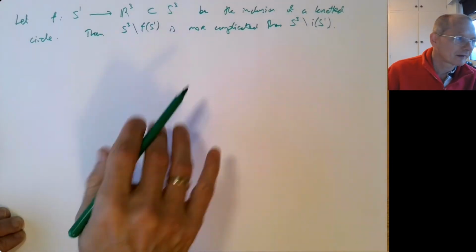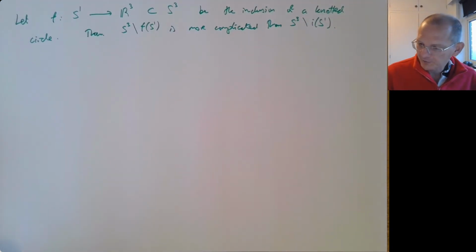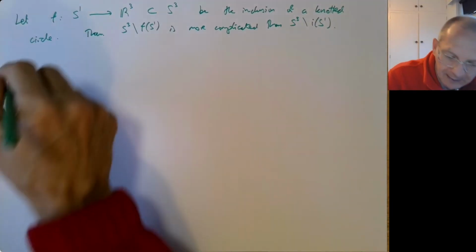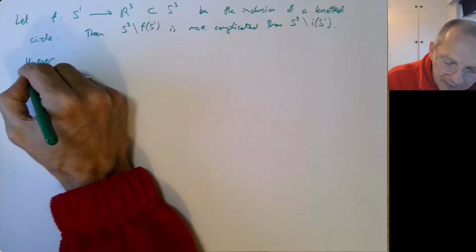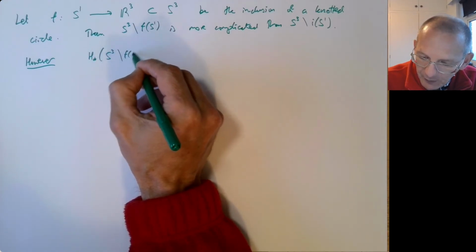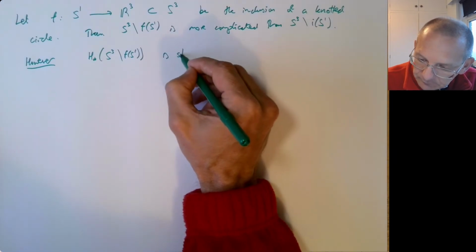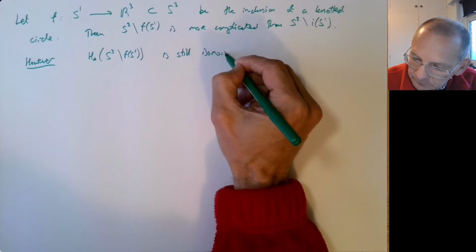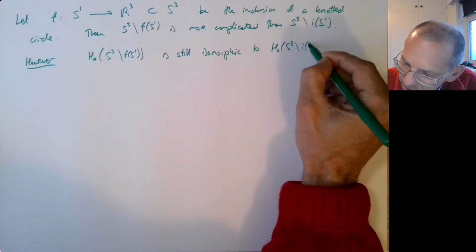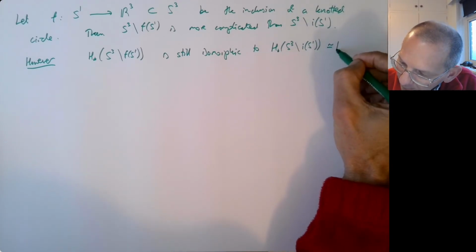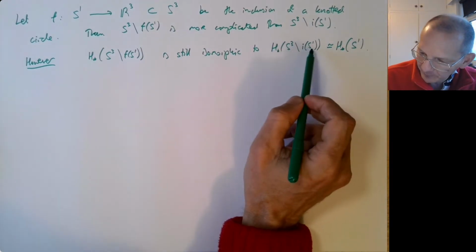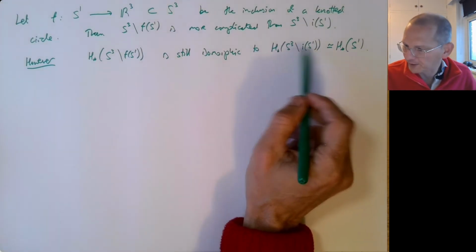So a moment ago we were thinking about S^3 with I of S^1 removed, removing the standard unknotted circle, but now we're removing a knotted circle, and you get something much more complicated. However, the big theorem, the surprise, is that the homology of S^3 less f(S^1)... remember, homology of S^3 with I of S^1 removed, you get the sphere of dimension 3 minus 1 minus 1, which is 1.